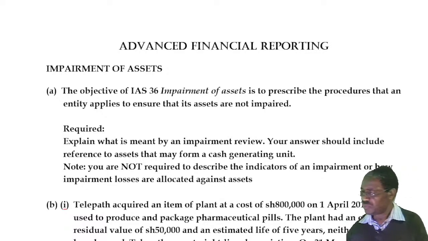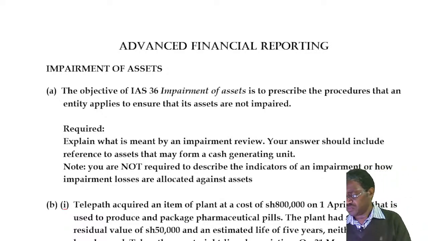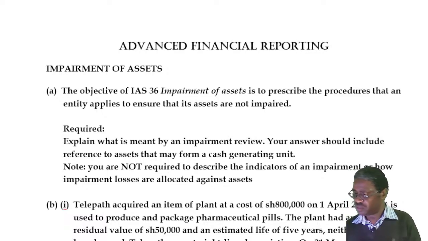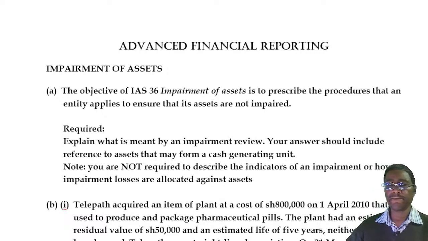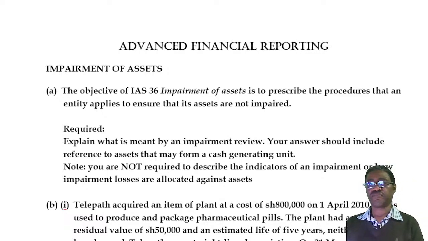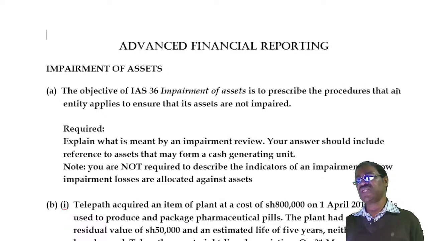The question says, part A: the objective of IAS 36, Impairment of Assets, is to prescribe the procedure that an entity applies to ensure that its assets are not impaired.